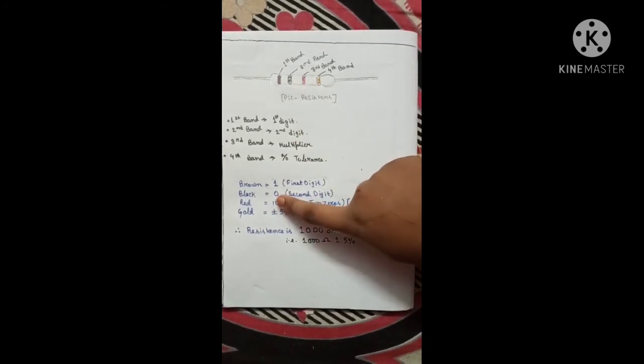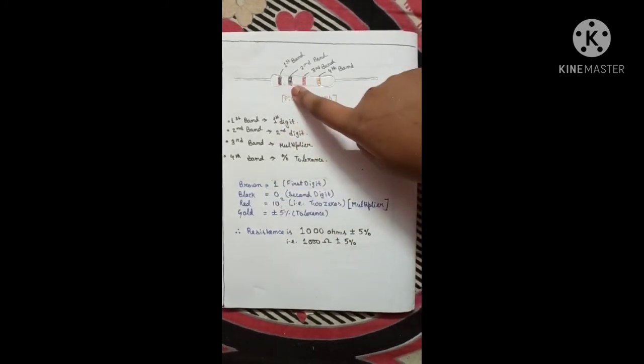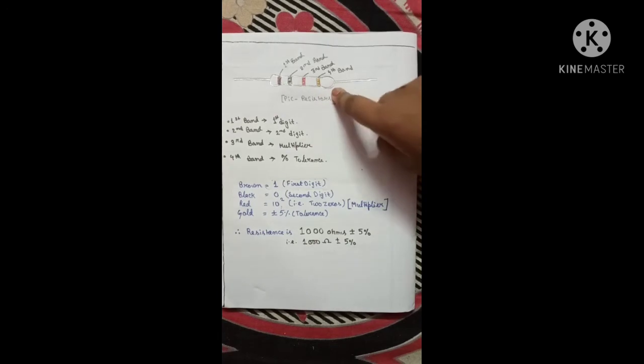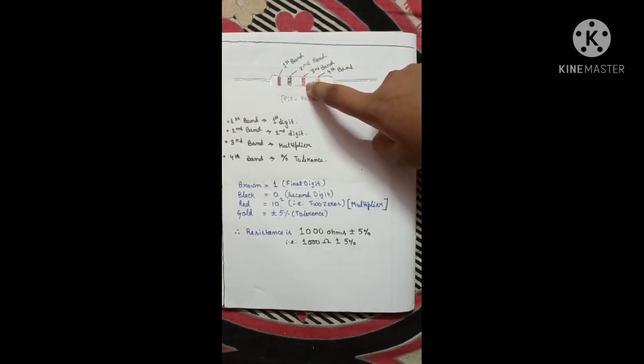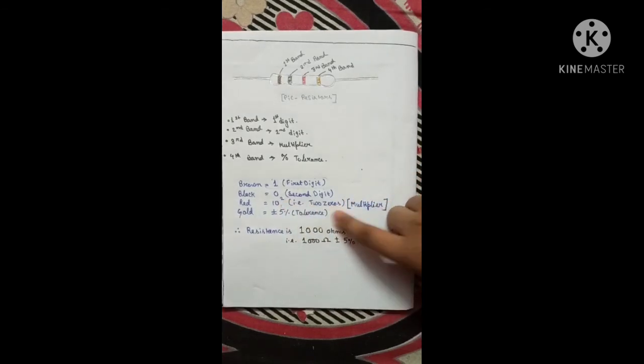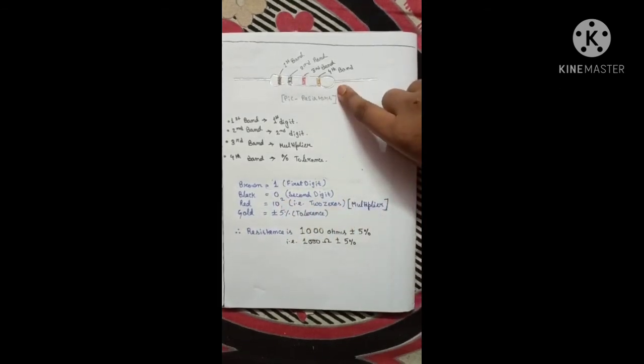So 0 will be the second digit of this resistor, and as the third band is the multiplier of this resistor and we have red color, and according to the color code chart red is 10 square, that is 10 to the power 2, that is 2 zeros, and it will be the multiplier of this resistor.